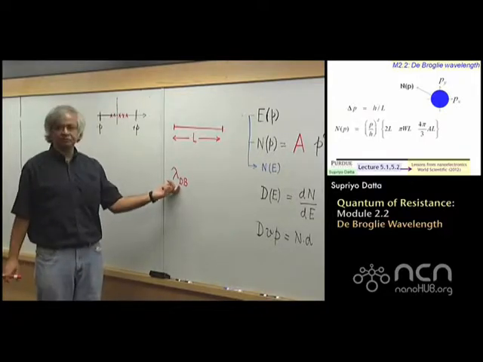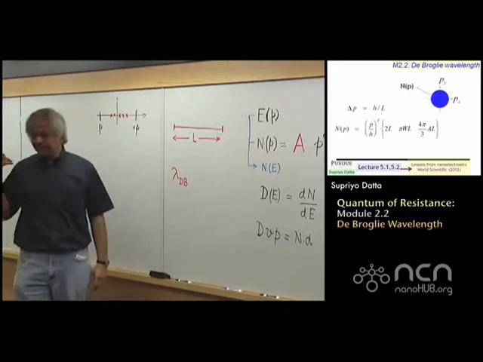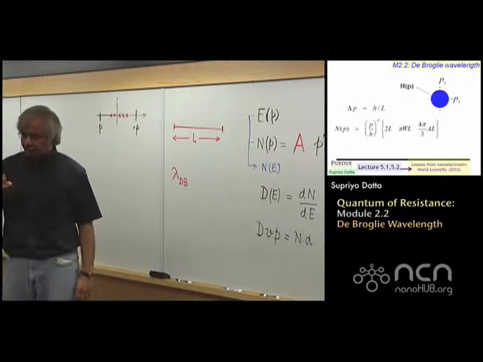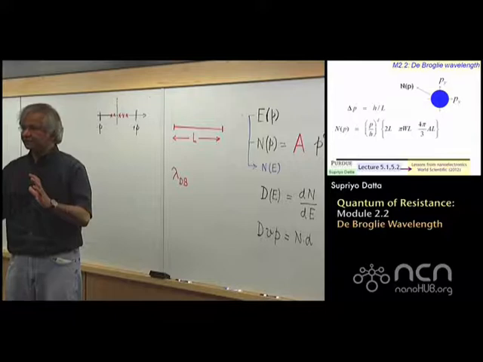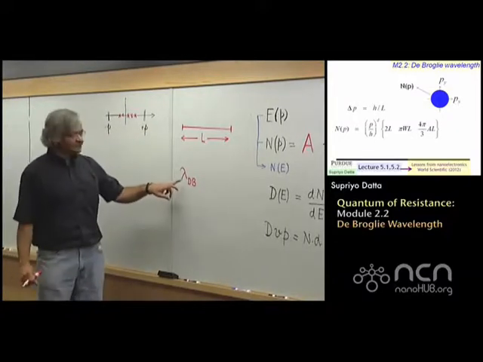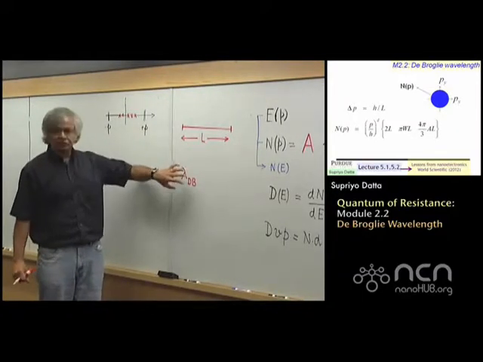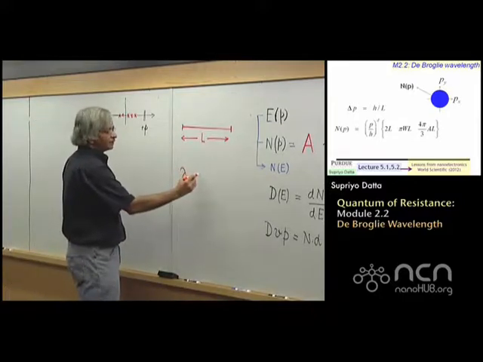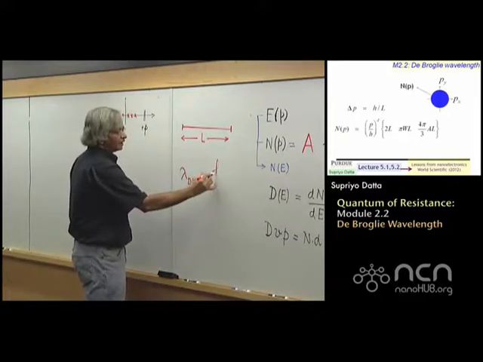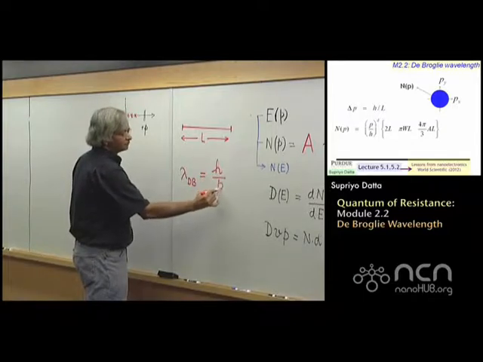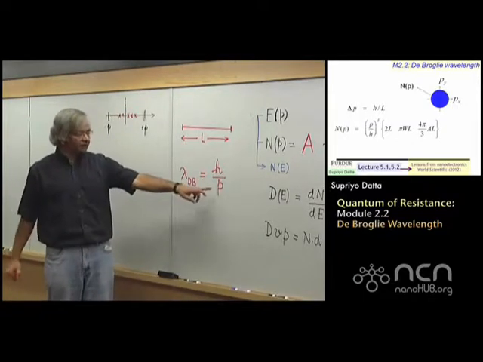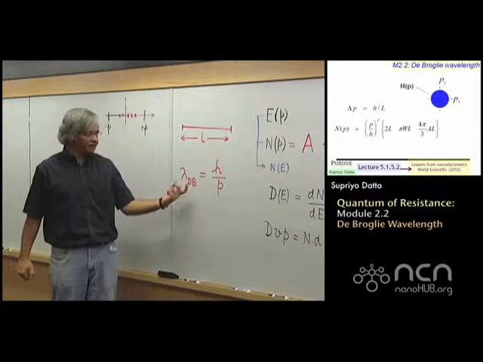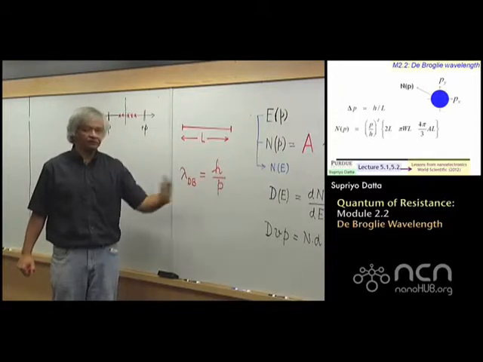And this has nothing to do with mean free path. Mean free path is a classical concept: how far particles travel before they get scattered. This is a quantum thing. It's the wavelength of the electron. And this de Broglie wavelength is related to the momentum by h divided by p. So a given electron with momentum p has a de Broglie wavelength given by this.